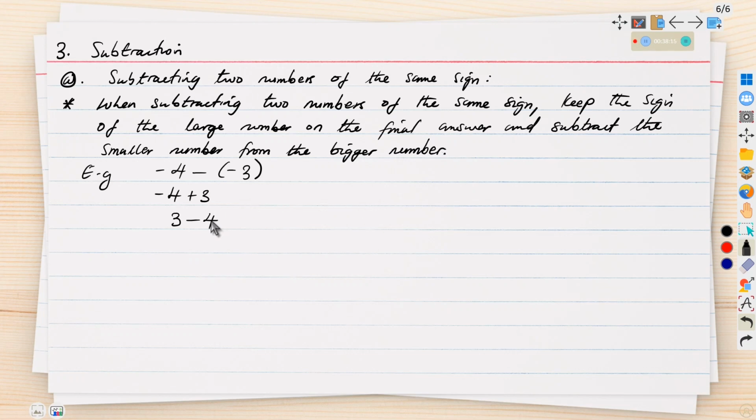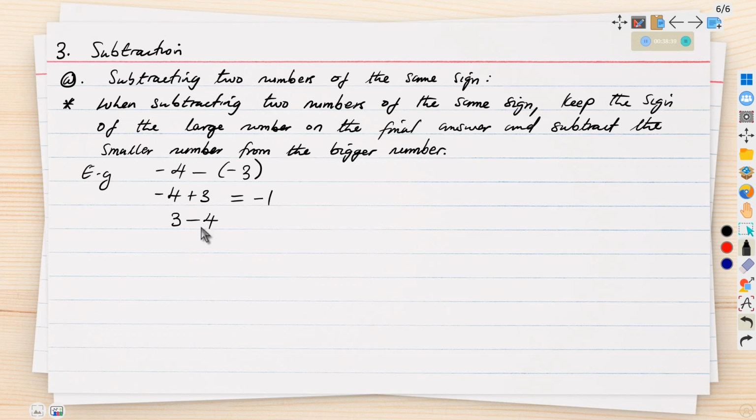So this is it. What we mean here is that if you are given something like this, you complete it and change it into this form. Then the bigger number is what? Negative. You put negative. Then you subtract the smaller number from the bigger number, like 4 minus 3, which will be 1. Okay, so this is the case here.